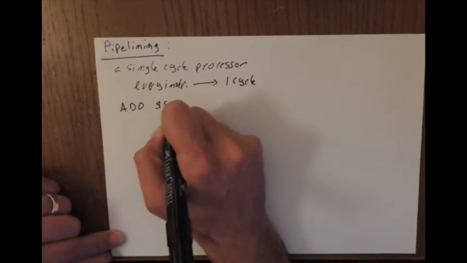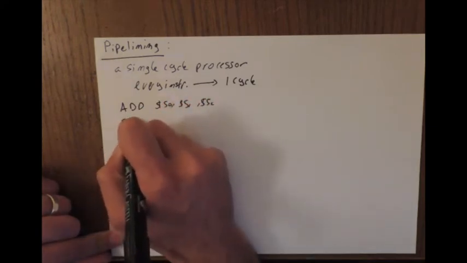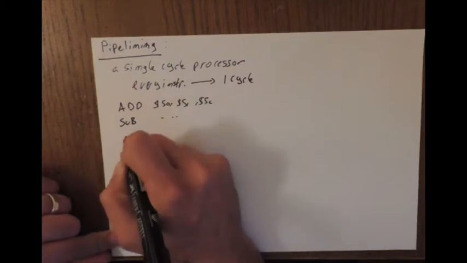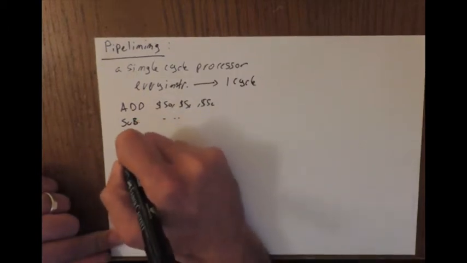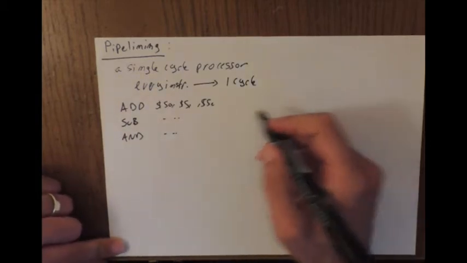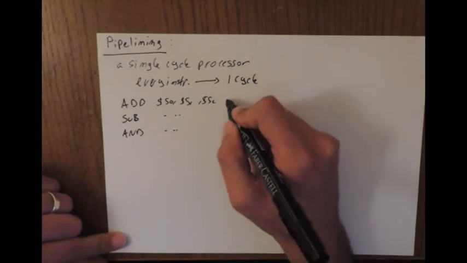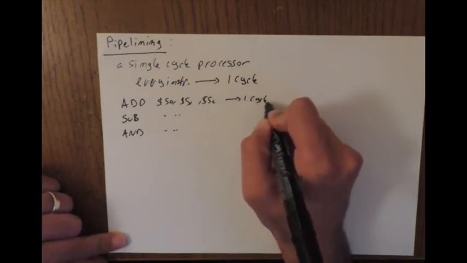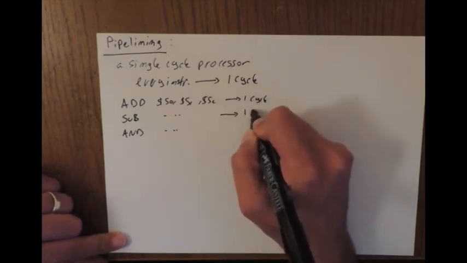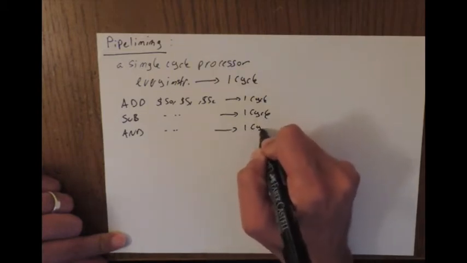add $S0, $S1, $S2, sub, whatever, and then AND instruction. So what happens here is that each instruction will take, this takes one cycle, this takes another cycle, and this takes a third cycle.